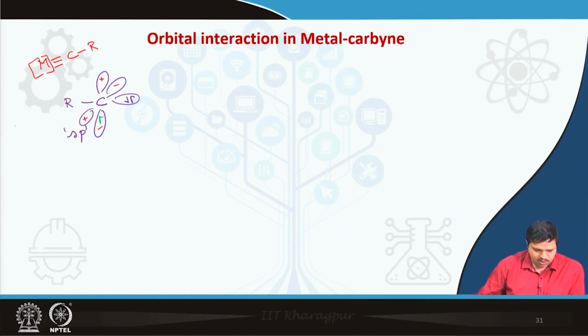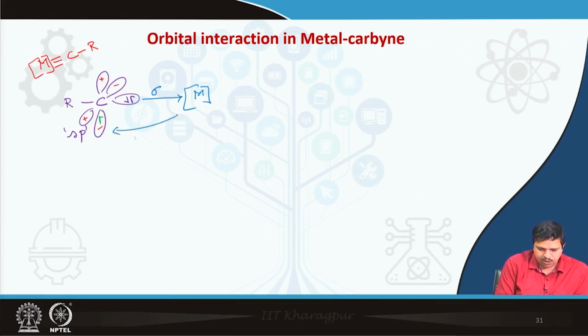Now consider the metal orbitals. This can donate to the d sigma of the metal, so this is the sigma bond formation, and this one again is a pi bond formation. Back bonding is also possible, because this is my empty pz.